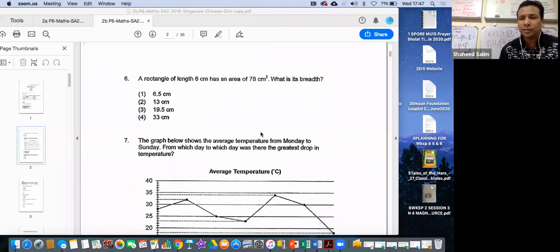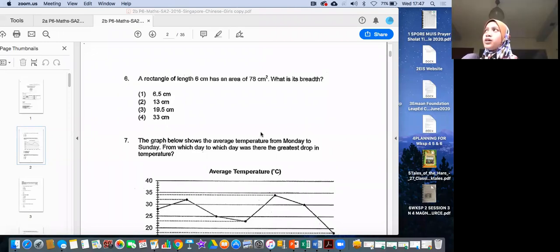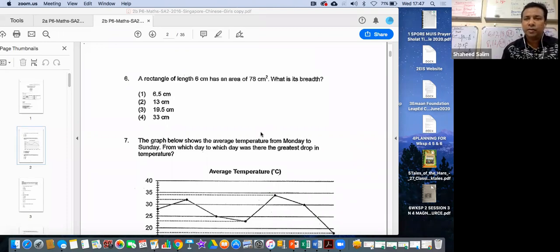The length is... Oh, okay, they give you the area. Okay, well done, Shafika. 78 minus 12. Why minus 12? Where do you get 12 from? You are still thinking of perimeter. Our sister is still thinking about perimeter. So he said the length is 6. So she's saying 6 plus 6. This is perimeter on the outside.